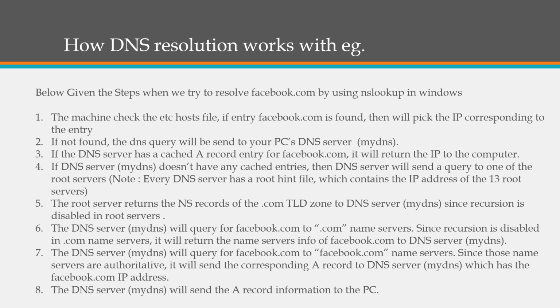So that means it can provide the corresponding record, or it can respond to a query. So in this case, it will send the corresponding A record to the DNS server, that is my DNS server. So now my DNS server will send that A record information back to my PC.